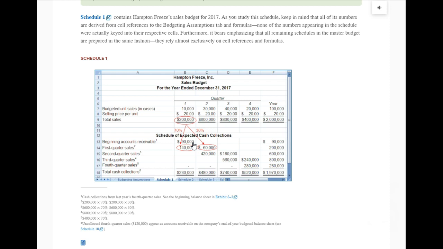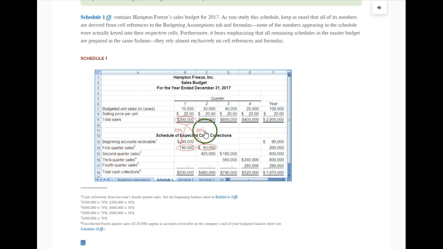We're going to collect that this period. So in quarter one, here are the sales, and of these sales, we collect in cash $140,000. We also, in quarter number one, collect last year's accounts receivable in this quarter. So we will collect $230,000 in the first quarter.